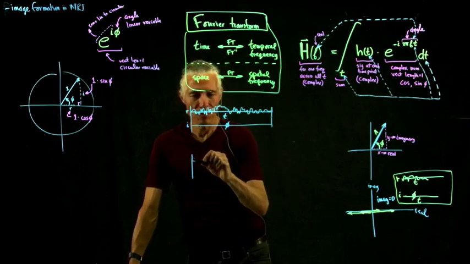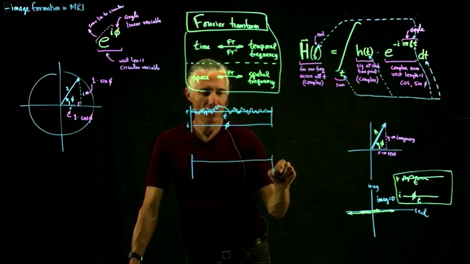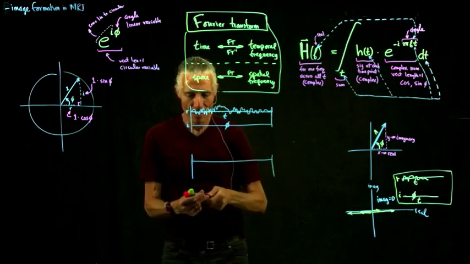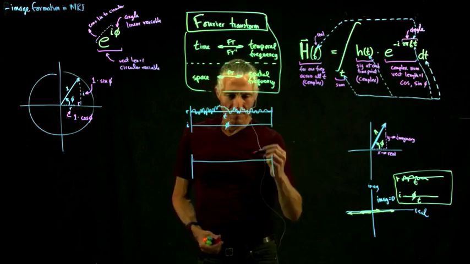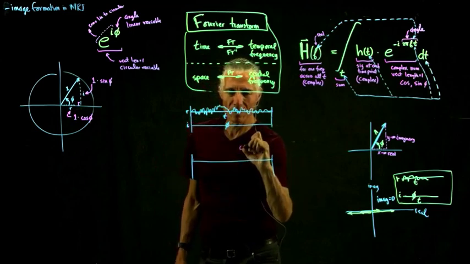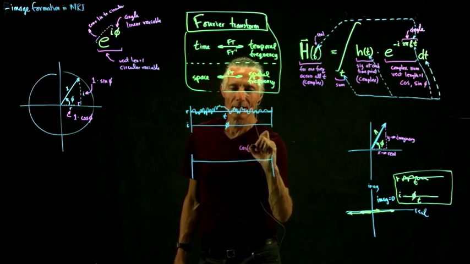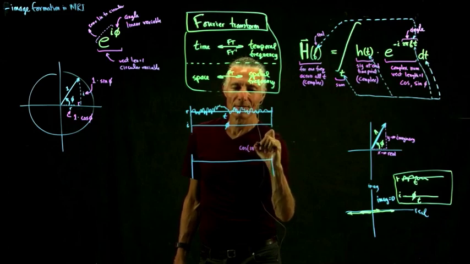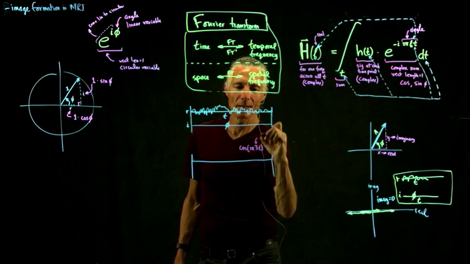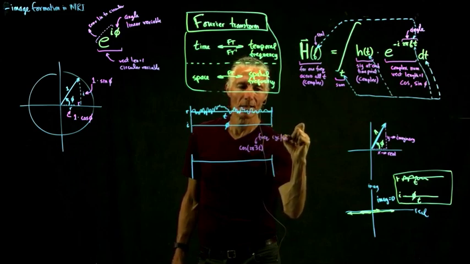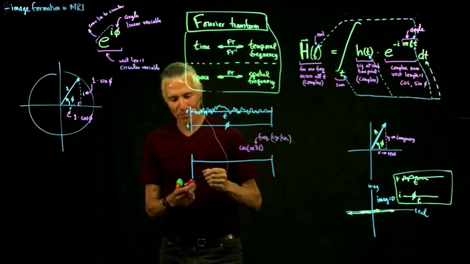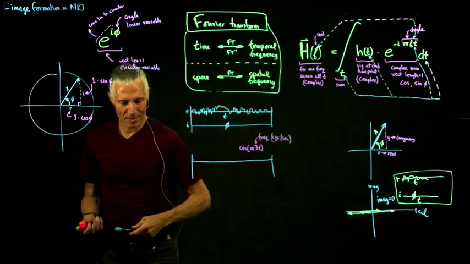So let's draw out the things that we're correlating with. Let's do it for, say, cosine 2 pi frequency 3 times time. That's frequency in cycles per second. Now, what's the 2 pi business? Where did the 2 pi come from?